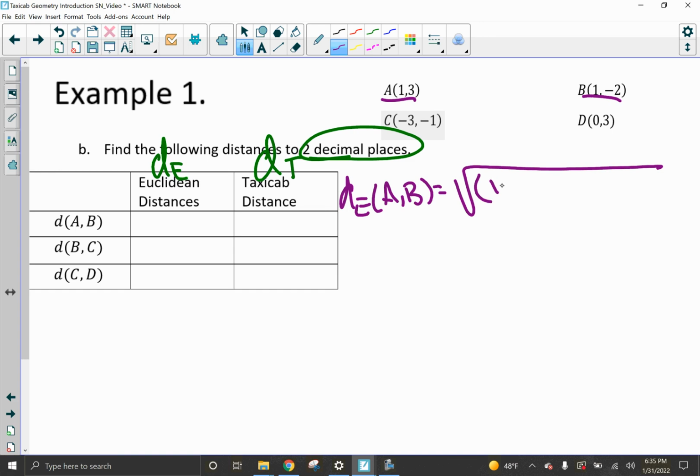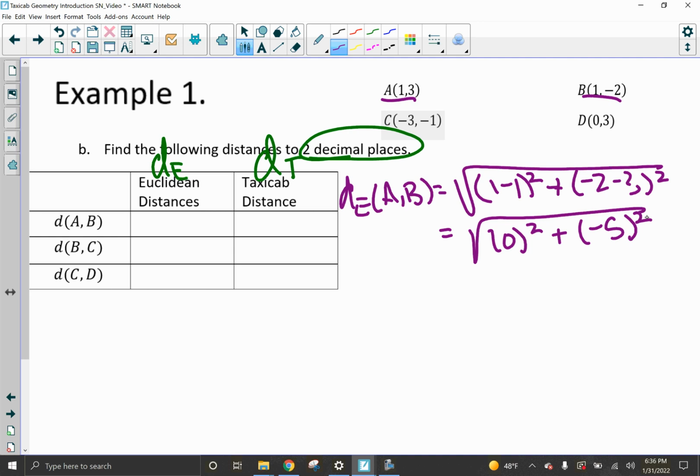I'll have 1 minus 1 squared plus negative 2 minus 3 squared. This is what we did yesterday, so this is not new. 1 minus 1 gives us 0, and then negative 2 minus 3 is negative 5 squared. Which should be 0 squared is 0, negative 5 squared is positive 25, which just equals 5.